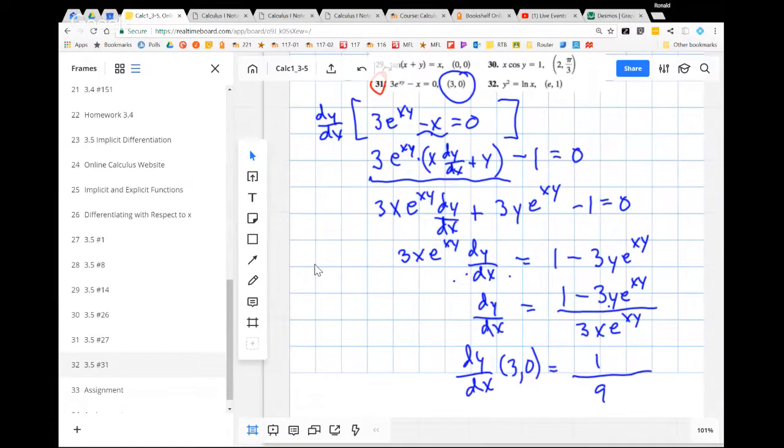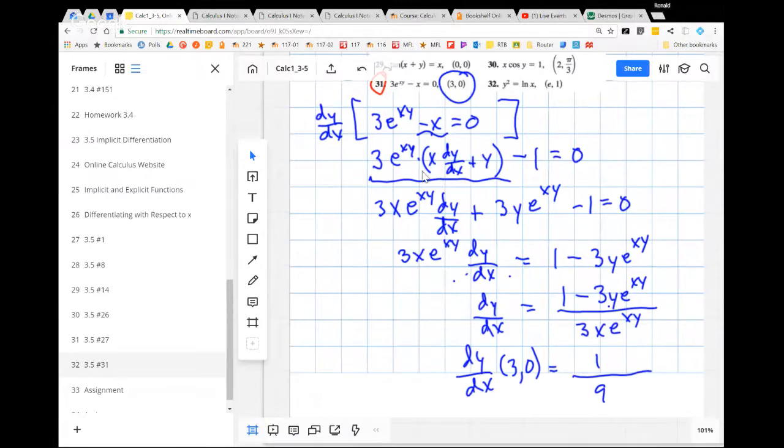So, derivative. 3 is a constant, so we don't need to touch that on the derivative. e to the xy, how do we take the derivative of that? Itself, e to the xy. And the problem is xy is an inner function, so I've got to do the chain rule here, and the chain rule means I have to do a product rule, x times y.